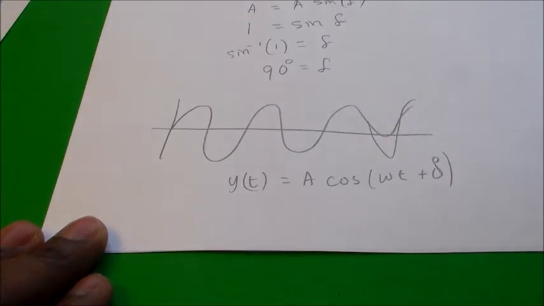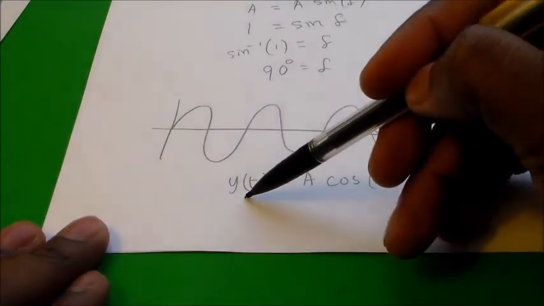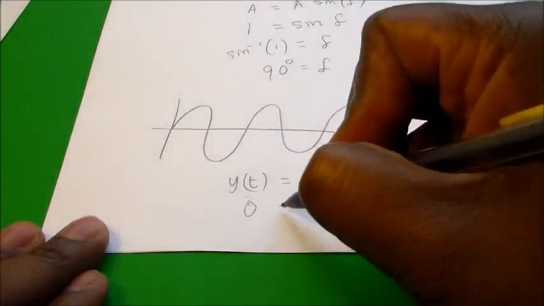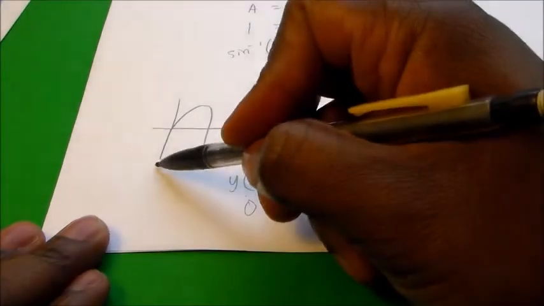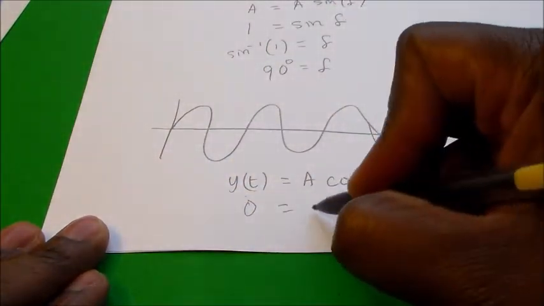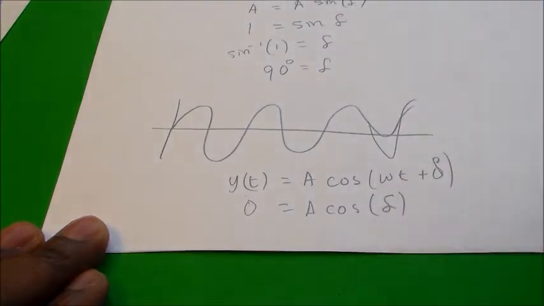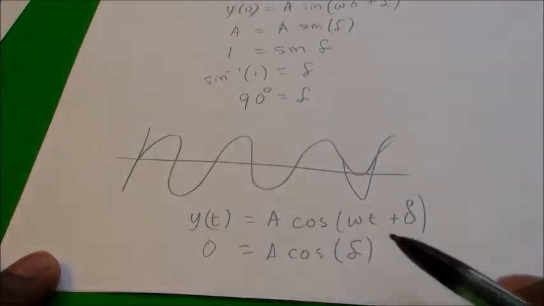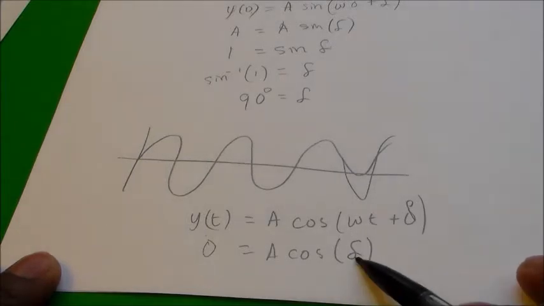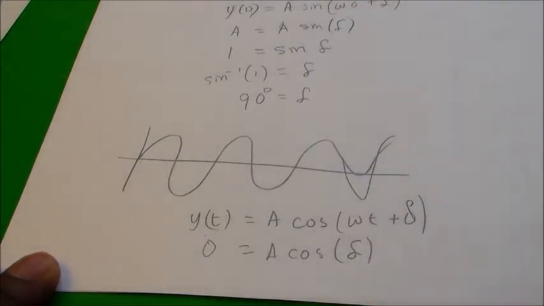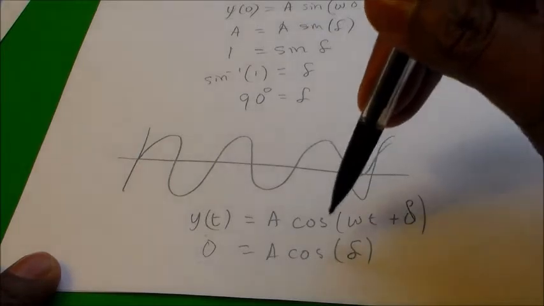All right, and you know that y of t in this case would be equal to 0, and t, because you're looking at time t equals 0, will be equal to 0 also, which just leaves you with this, and you can actually go through and solve for the phase shift, and that way you'll be able to express this as a cosine.